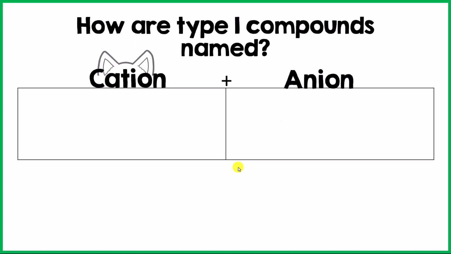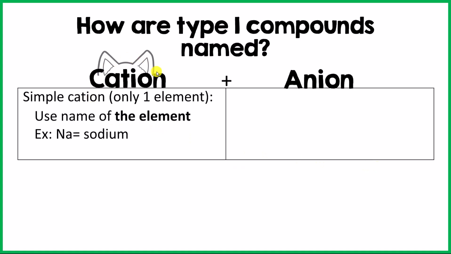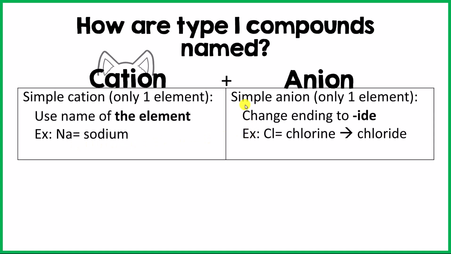So how do we name those type 1 compounds? Well, as I said, we start with a cation, and if it's a simple cation, only one element, then we use the name of the element, for example, sodium. And then we add the anion. If it's a simple anion, only one element, then we change the ending of that element to "ide."